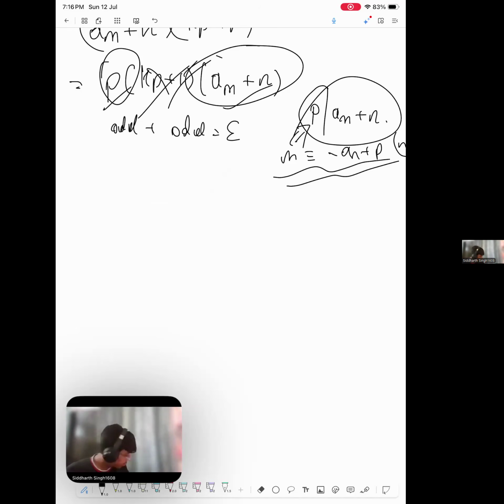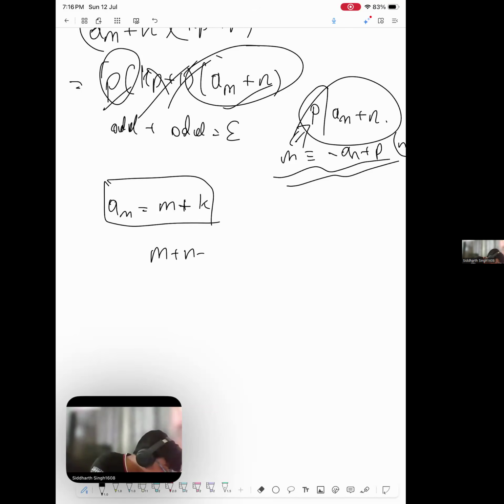But the actual solution set is, if you guess the solution set and check whether a_n plus some constant k works, it works because m plus n plus k times n plus m plus k is a square.